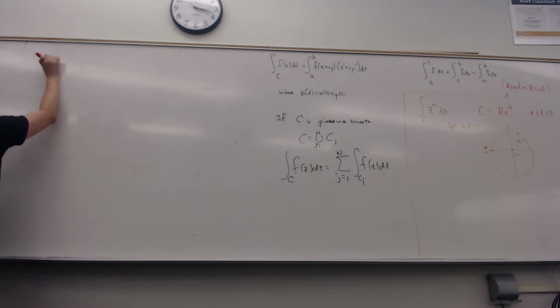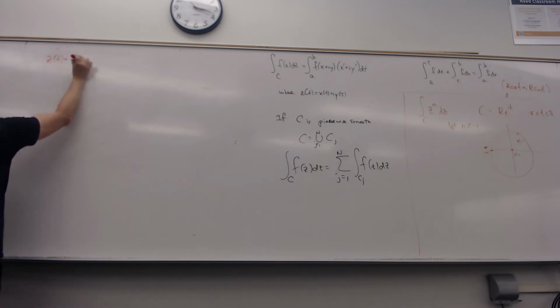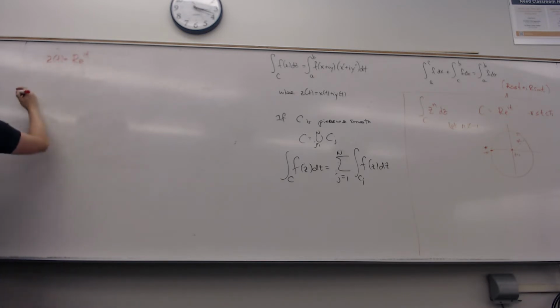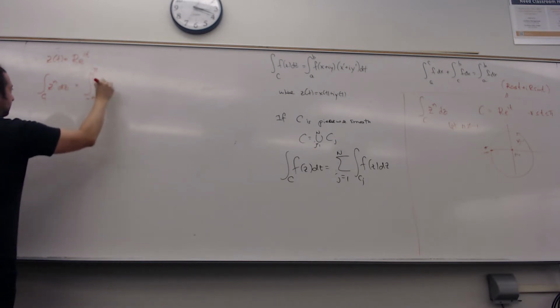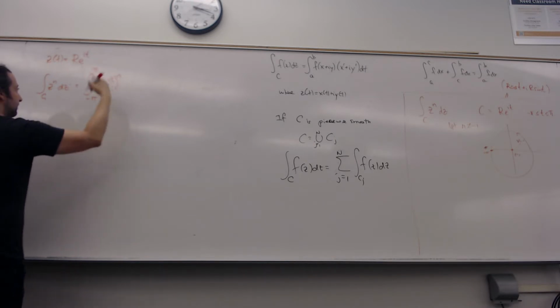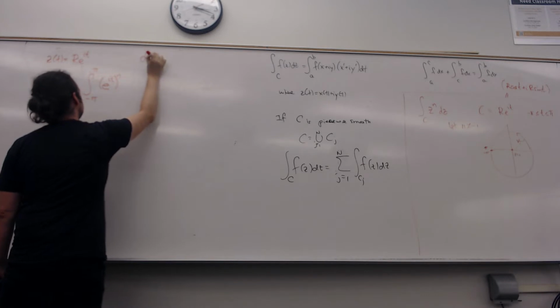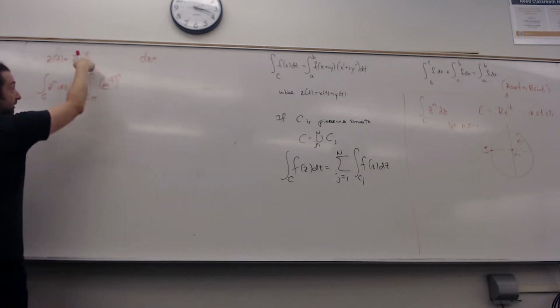If z of t is equal to re to the it, then the integral of z to the n dz around that circle is the integral from minus pi to pi of, okay, e to the it to the n times d, oh man, okay, so dz is the t derivative here.